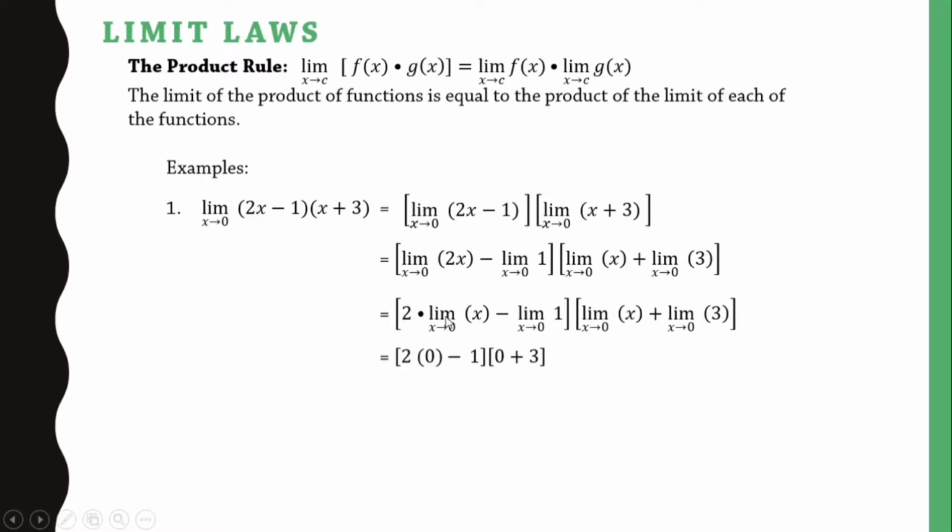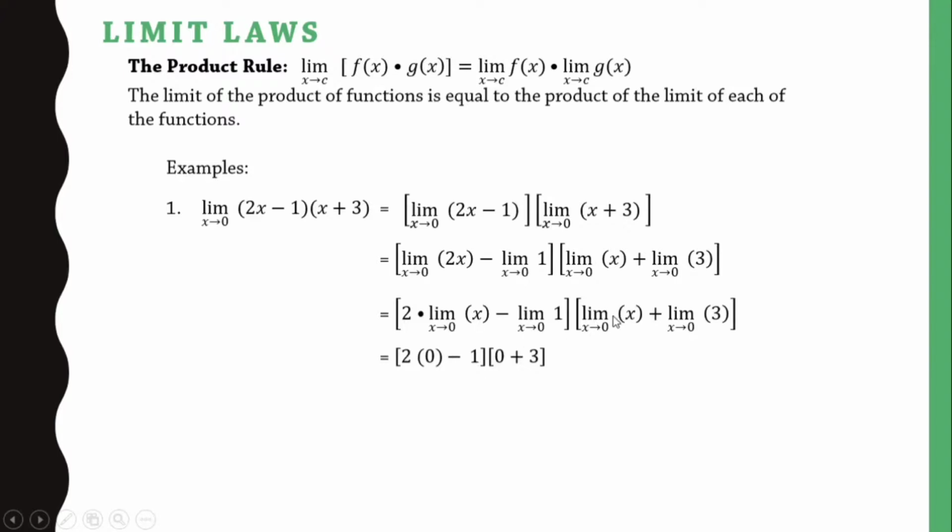So take note, using the identity rule, the limit of x as x approaches 0 is 0. So that's basically 2 times 0 minus the limit of 1 as x approaches 0, which using the constant rule is 1.